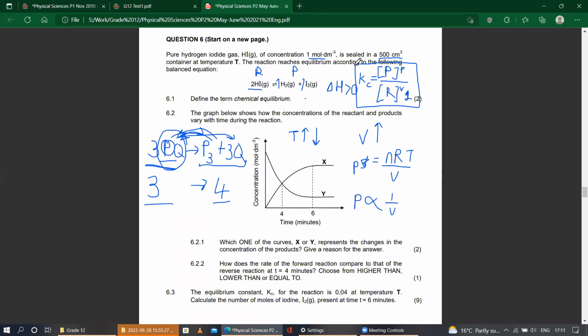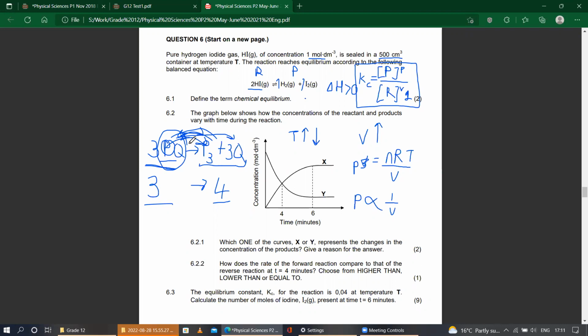So your equilibrium constant doesn't change until the temperature is changed. So if you increase the concentration of this, it has to be converted into this. You increase the concentration of reactants, they are going to be converted into more products.